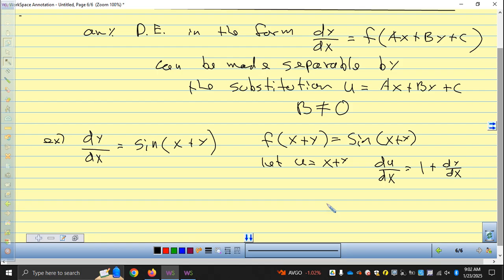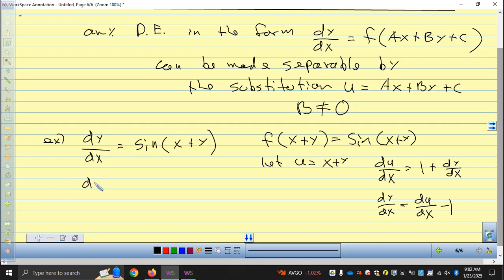I think we usually do it with respect to x because usually we take the derivative with respect to x. And then dy/dx is du/dx minus 1. That's another reason we substitute this way, so we can just plug in for dy/dx.